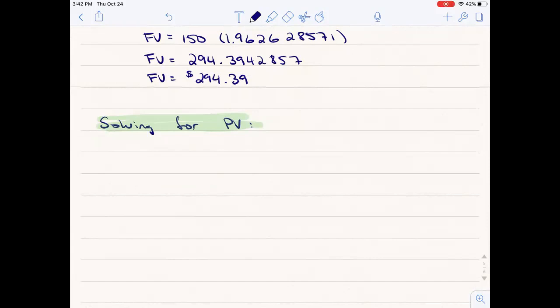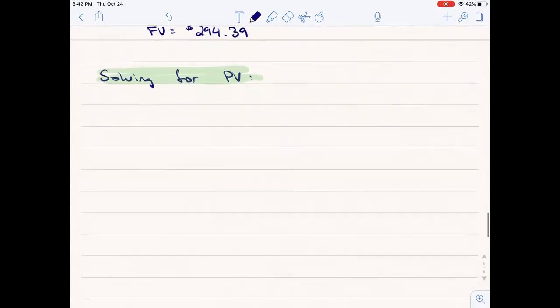So I like to have less on my formula sheet, and then I can find whatever I'm looking for. But it's nice because they're on here, so you don't necessarily need to know how to solve for things. But I'm going to show you, well, the present value isn't that crazy, but I and n are a little bit harder to solve for.